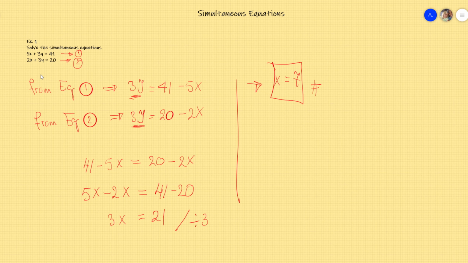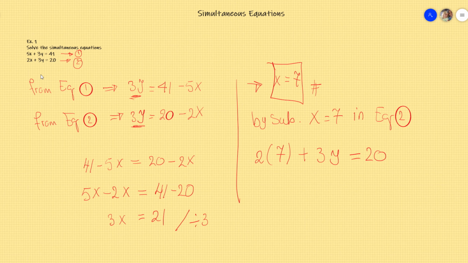Then by substituting x equal 7 into equation 2, and of course you have the choice to substitute in equation 1, so 2 times 7 plus 3y equal 20.